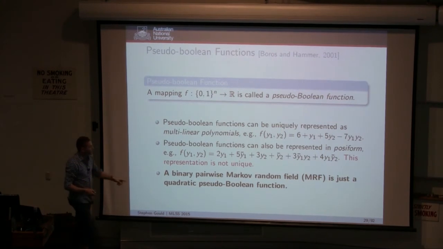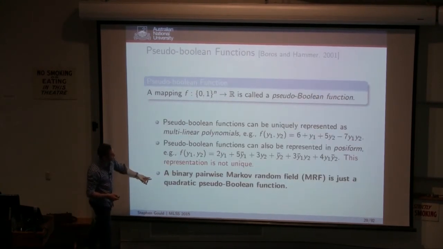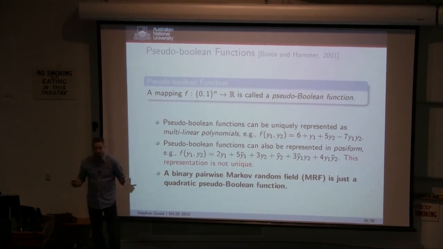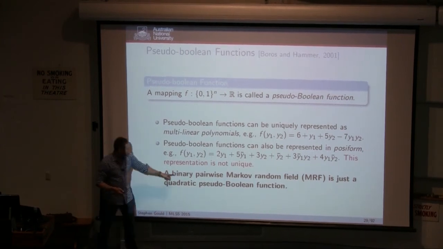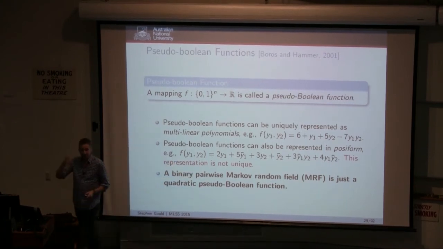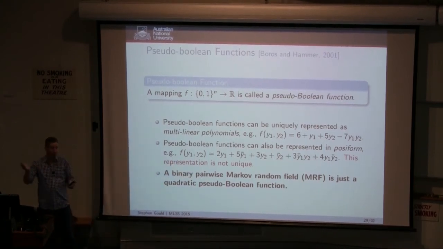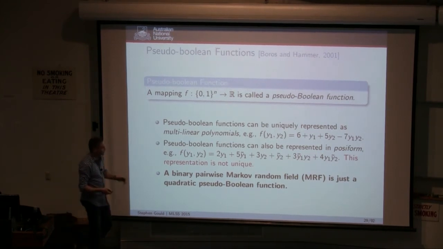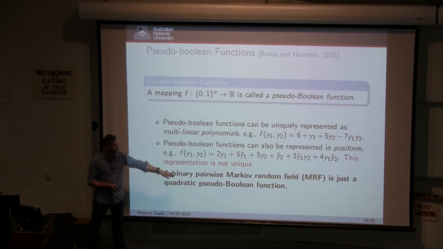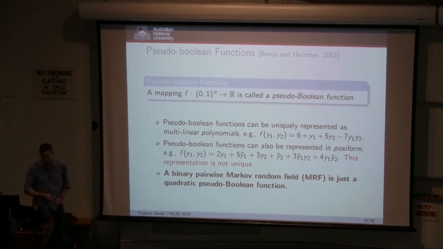Why is this important? Because the energy functions that we often look at in computer vision, we can represent as pairwise Markov random fields, so Markov random fields or energy functions with just unary and pairwise terms. And when the variables are also binary, then we can write them out as these pseudo-Boolean functions.